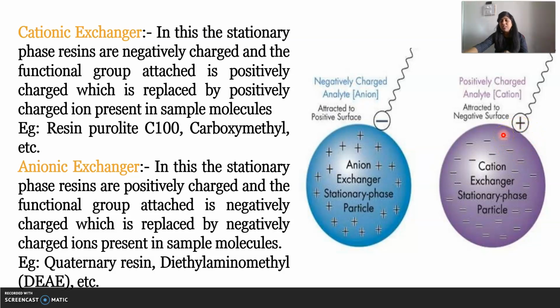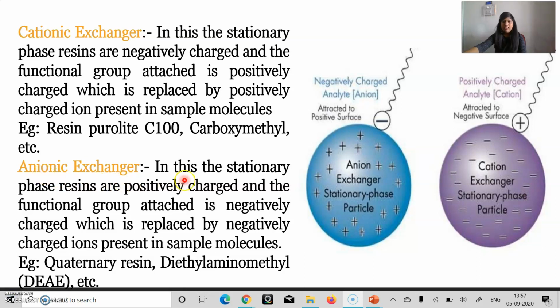The sample which has positively charged ions is going to be replaced by this group, and the separation is possible. Here the replacement of positive ions present in the sample molecules takes place. For example, resin Purolite is utilized, carboxymethyl is utilized, and so on.